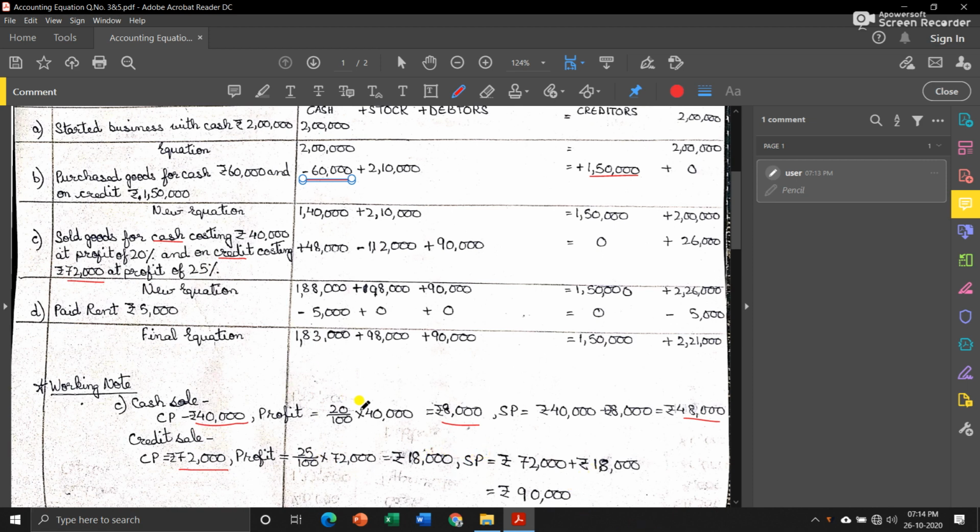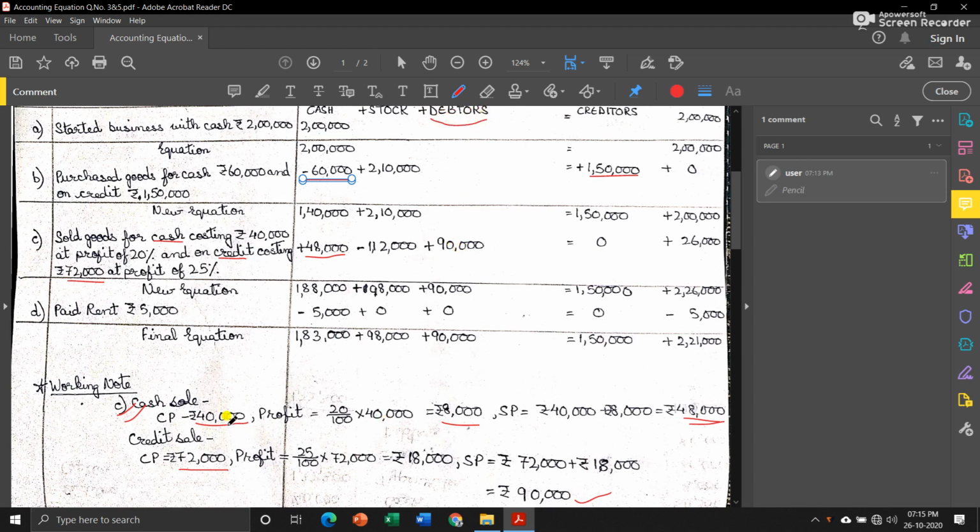So in the transaction, since he received cash only for the cash sale, he received only that selling price, 48,000. So we added this 48,000 under cash. Then for credit sale he hasn't received the selling price of 90,000 yet. That means he will receive it in future. That creates a new asset, that is debtors. So we have debtors of 90,000.